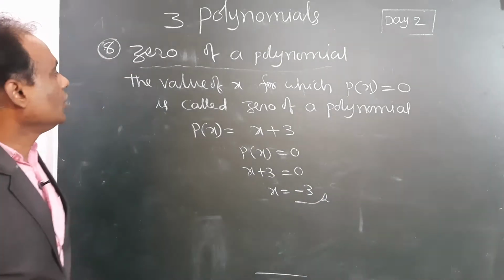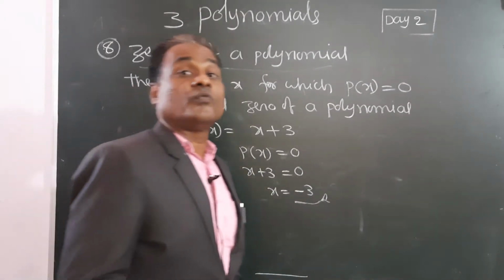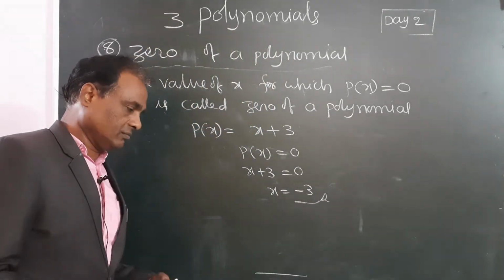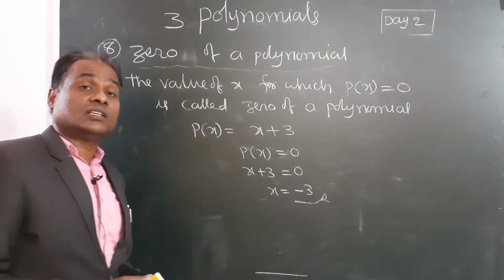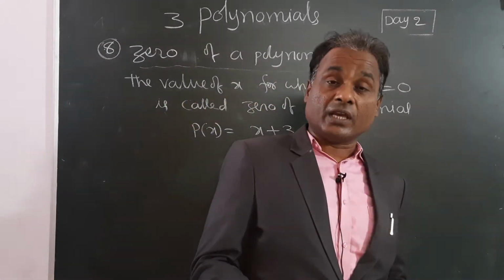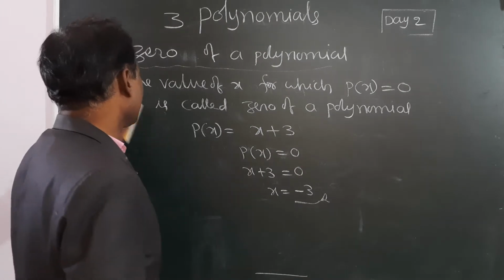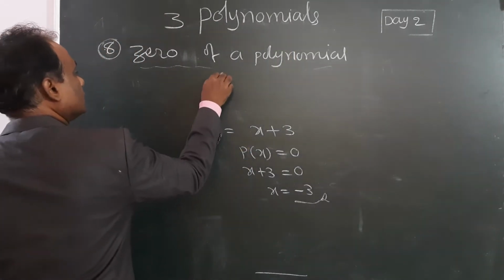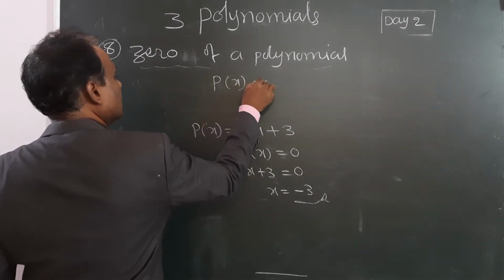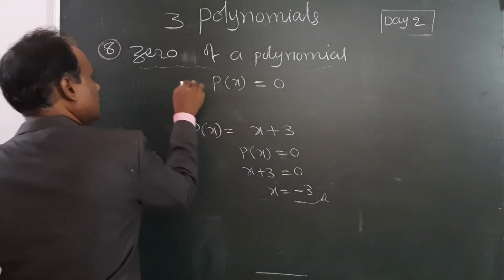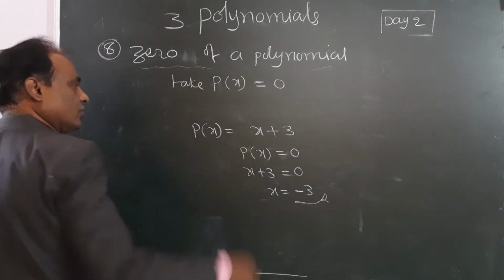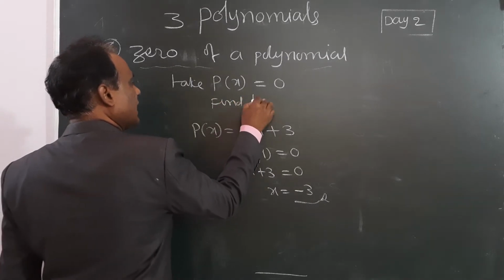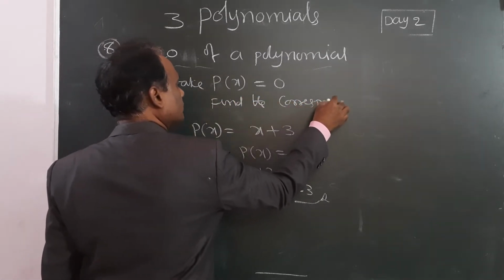Write down. For finding zero of a polynomial P of x, take P of x is equal to 0, and find the corresponding x value.